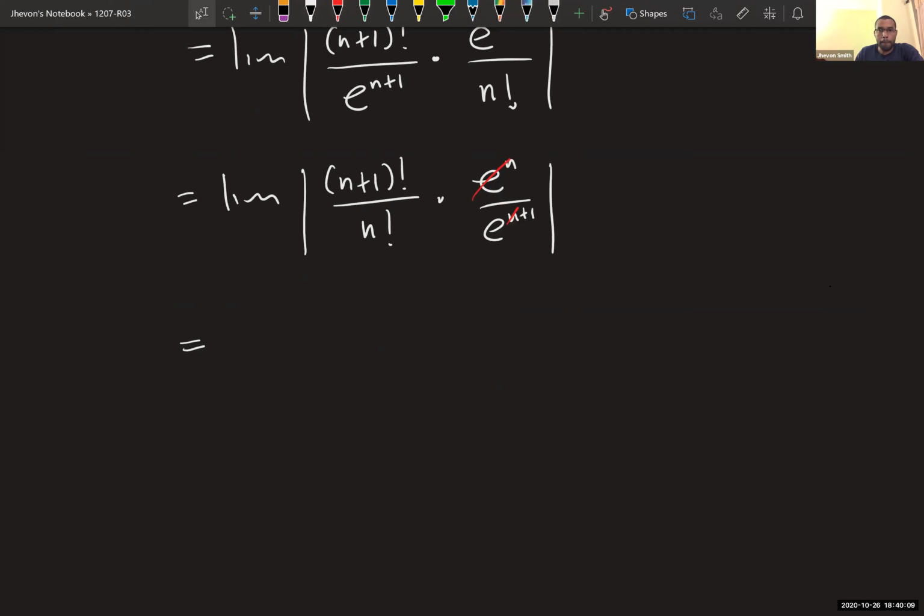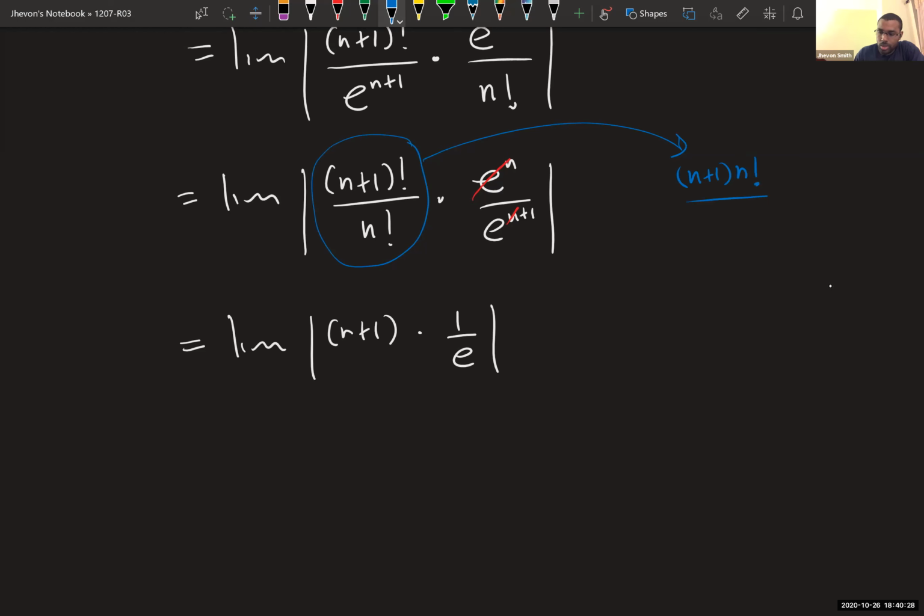So it's just n+1 on the top. Right. And that's because if you look at this part here, this is (n+1) times n factorial over n factorial. So the n factorials cancel.